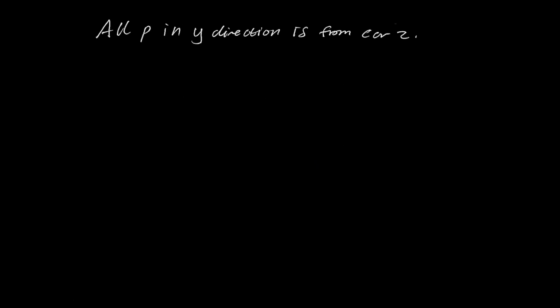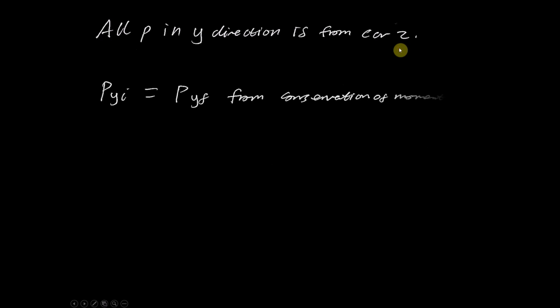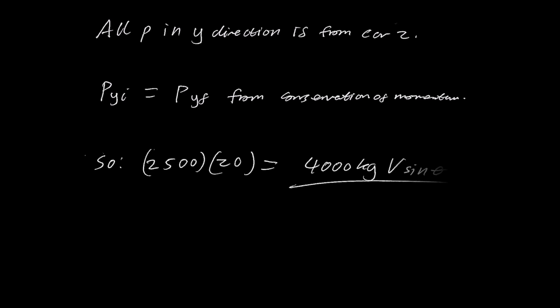This means we can do the same in the y direction, and all the momentum in the y direction is coming from car 2. So Pyi equals Pyf. Our statement of conservation of momentum should be made for every single problem that we do, as a reminder to me and a reminder to you.